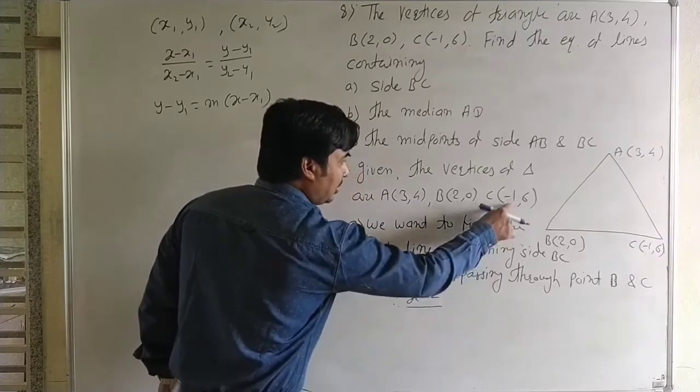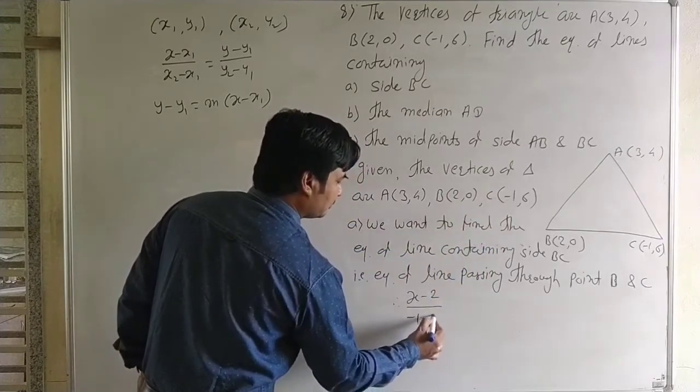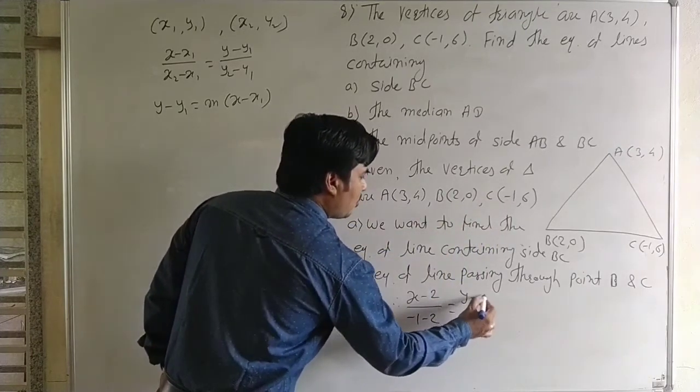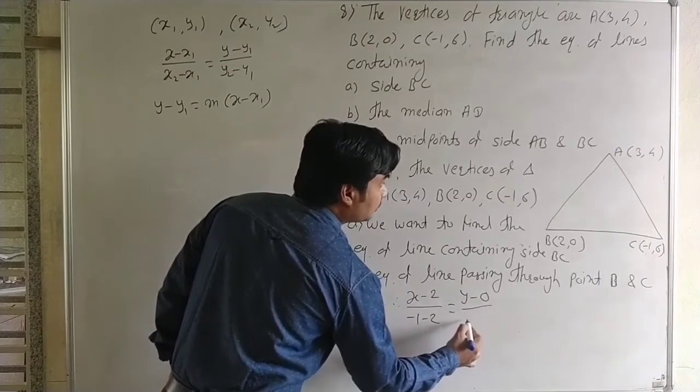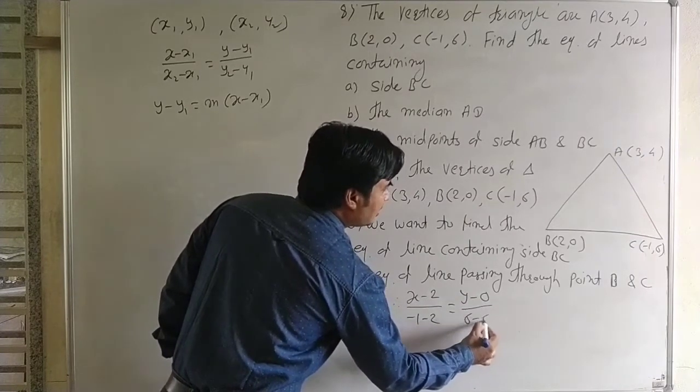upon x2 minus x1 is equal to y minus y1 upon y2 minus y1. Now we calculate: x minus 2 upon minus 3 is equal to y upon 6.